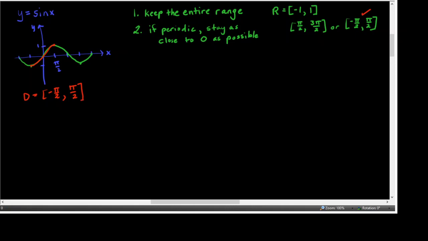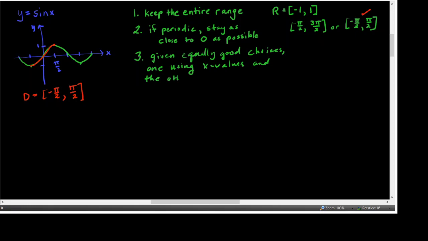The third restriction, which we didn't actually need this time, for when you're trying to restrict the domain to make the function one-to-one, is given equally good choices, one using positive x values, and the other using negative x values.